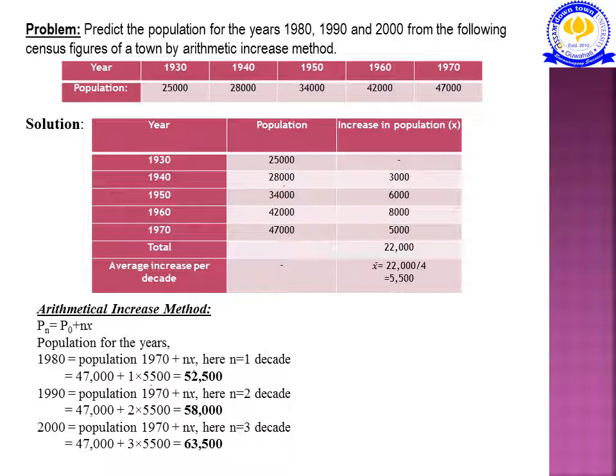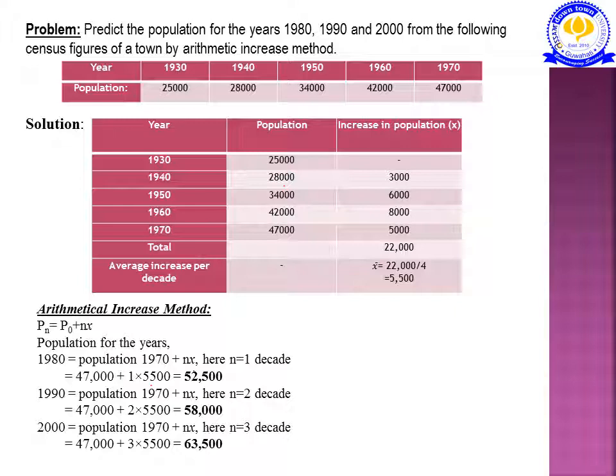Since we need to find 1980, the previous year is 1970. In 1970 the population was 47,000, so we put 47,000 here. Plus n x bar, what is n here? n is the first decade here, so we put 1 into x bar. x bar is 5,500. So we put 1 into 5,500, and we get 52,500.